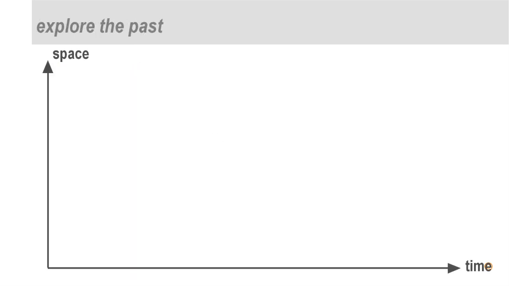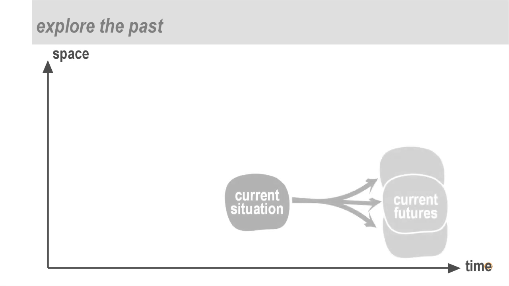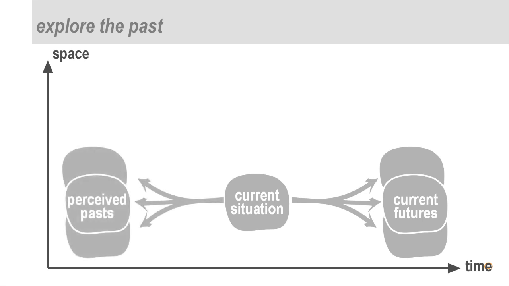So if we're looking at the drawing, we see a mirroring of the current future and the perceived pasts. Like the current situation moves into different current futures, so if we look back at the past, we can perceive different types of pasts. And the ideal future mirrors.